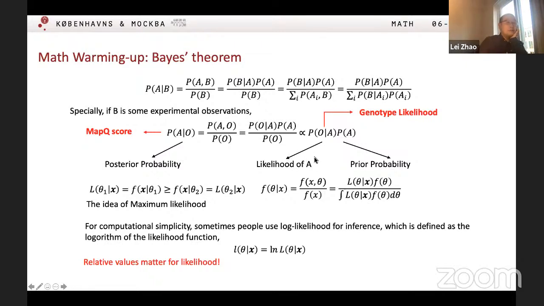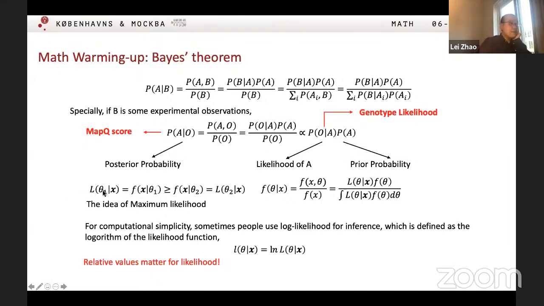So for the likelihood, we mainly use it in two ways. One way is we compare, where X basically is the observation, and theta basically means the model parameters. So this is a probability given this parameter setting, if we observe some specific observation.